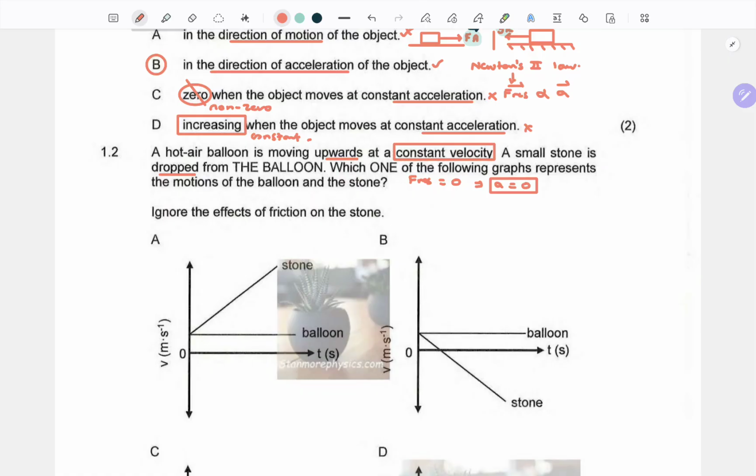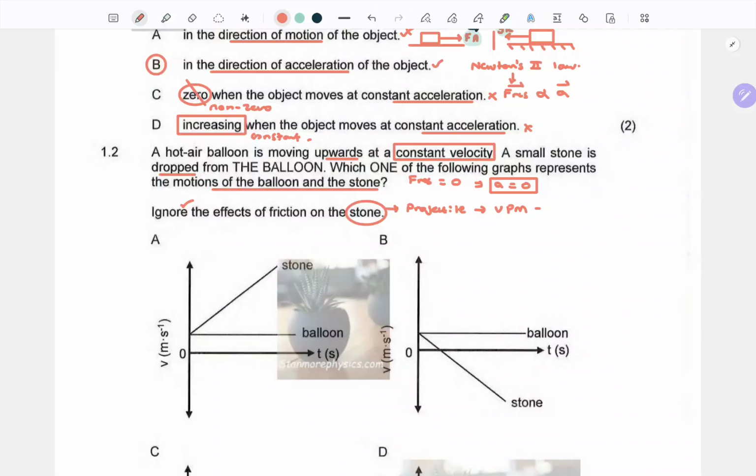Right. So we know that this stone is dropped from the balloon. Now, the question is, which one of the following graphs represents the motions of the balloon and the stone? And if we ignore the effects of friction for the stone, what are we creating here? We are making the stone a so-called projectile. Right? And we are essentially doing VPM.